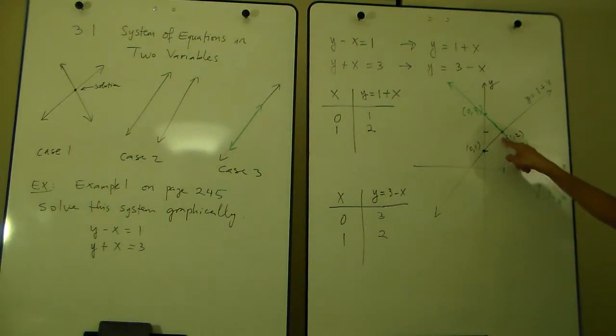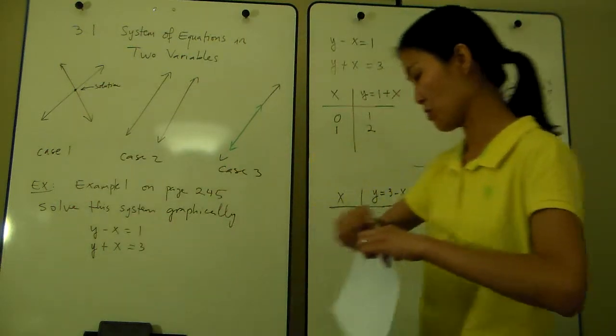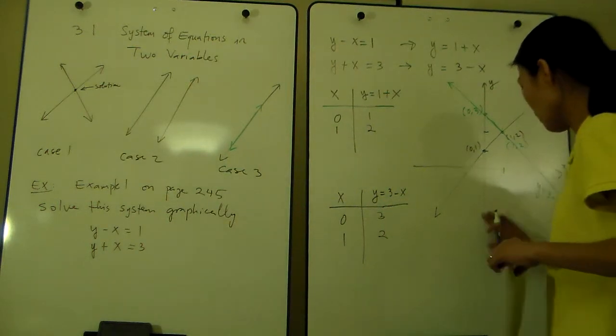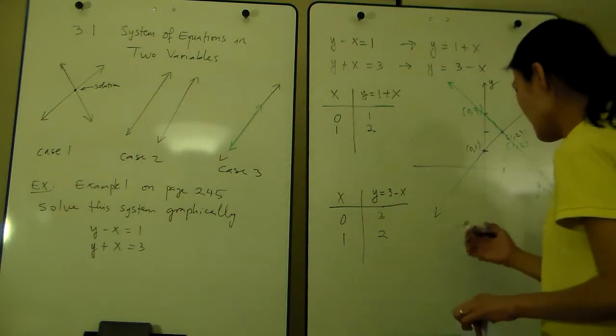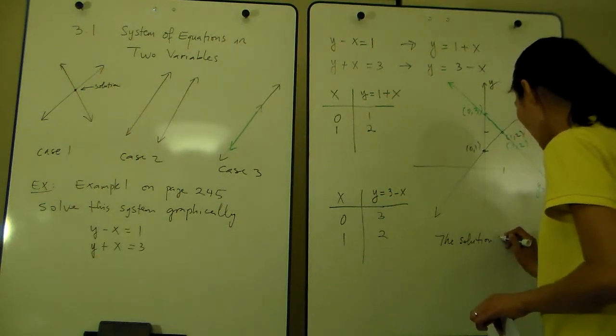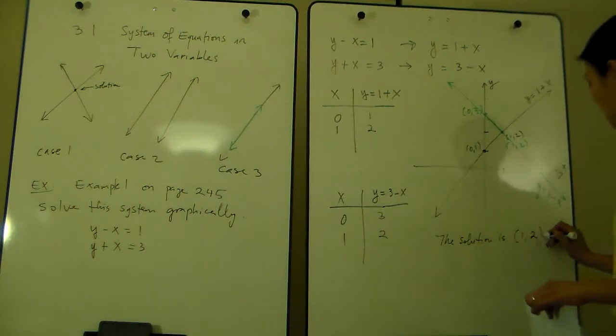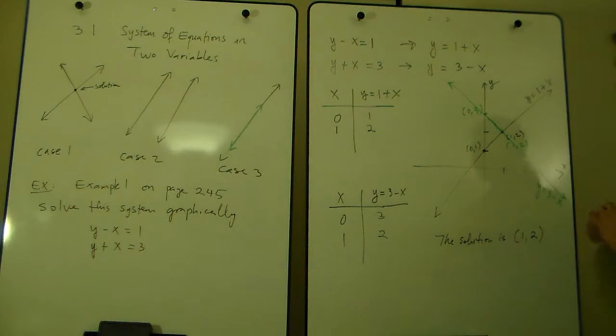These 2 lines intersect at 1 point, so it has to be case 1. So you say the solution is (1, 2).